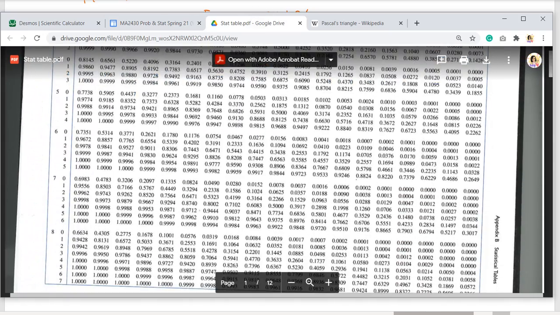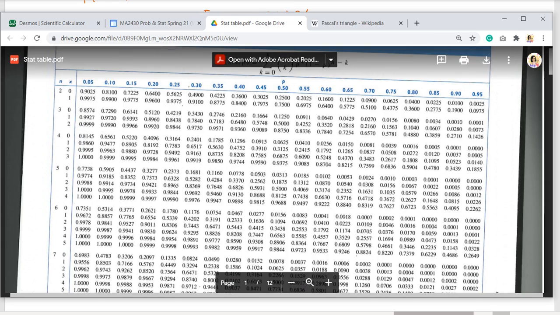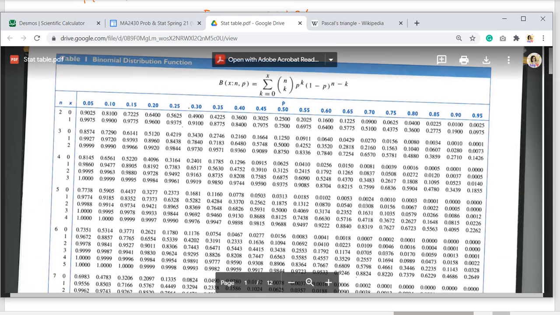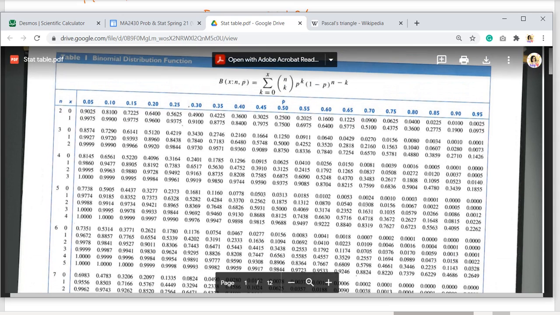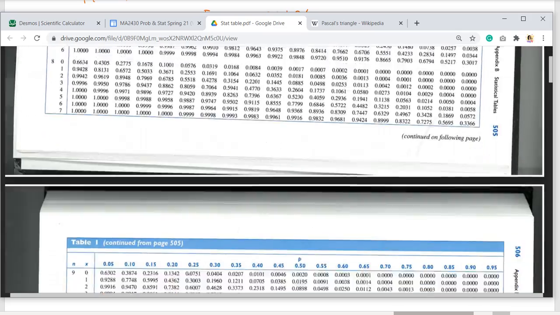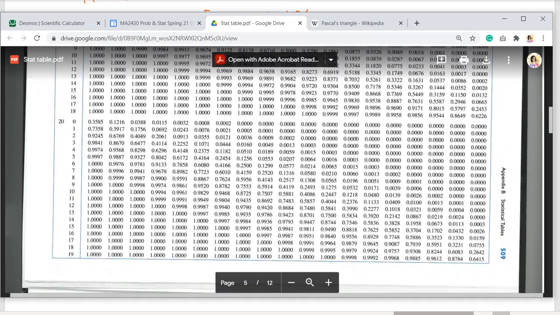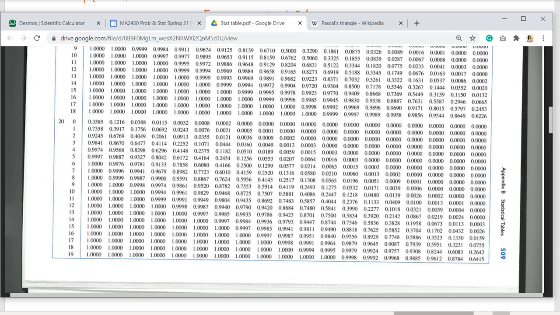I just scanned your textbooks. Table 1 is the binomial distribution function. This is the CDF for the binomial distribution, and we have the n values, x is the number of successes, and then we have different p's. n goes up to 20. If n is greater than 20, you cannot use the table. Maybe you can use some online calculator or Excel.